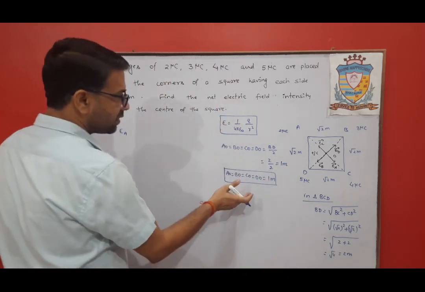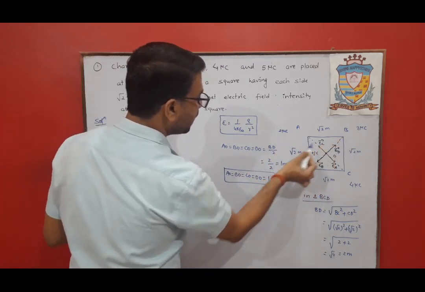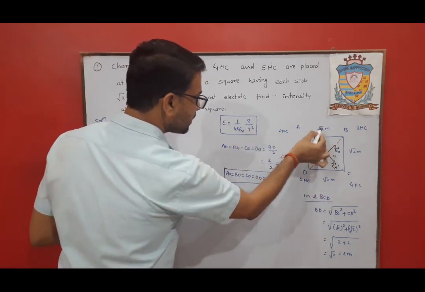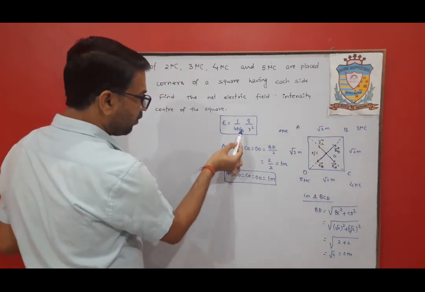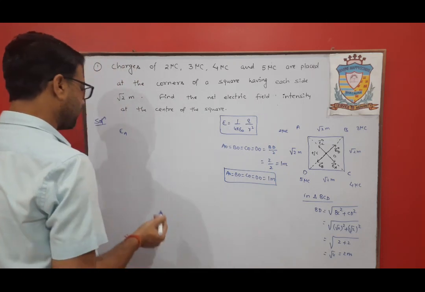Now we have the distance between AO, BO, CO and DO, and all the charges are given, and the value of 1 upon 4 pi epsilon naught is 9 into 10 to the power 9.